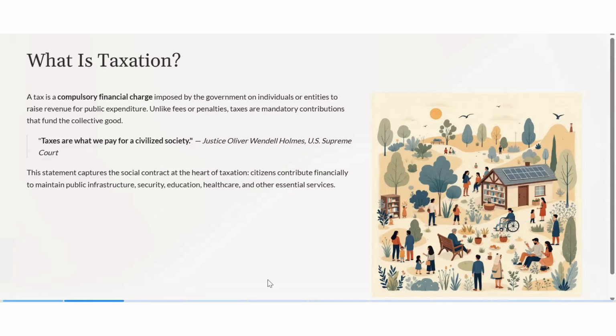Citizens contribute financially to maintain public infrastructure, security, education, healthcare, and other essential services. What government takes is the ground for collection of taxes, what government does for people or society and systems.